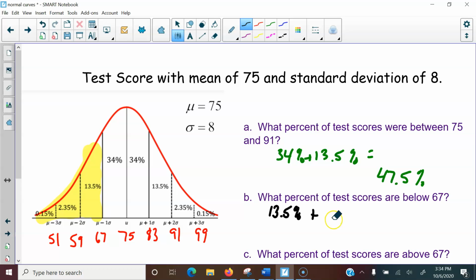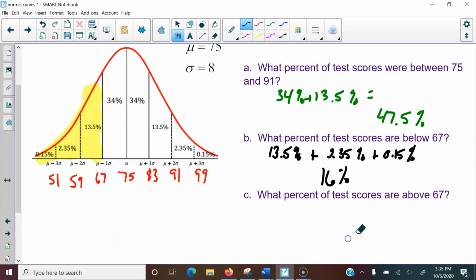The percent between 59 and 51 is 2.35%. And the percent between 51 and the lowest possible score, which would be 0, is 0.15%. If we add these together, we get 16%.